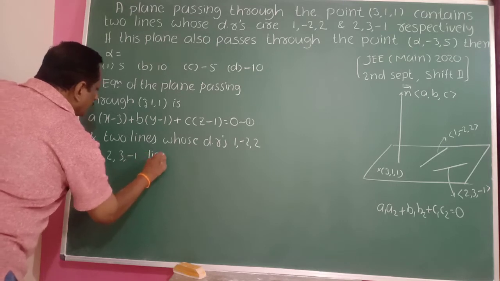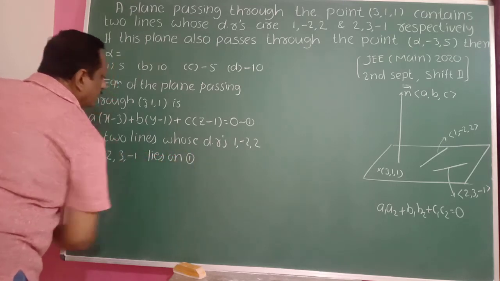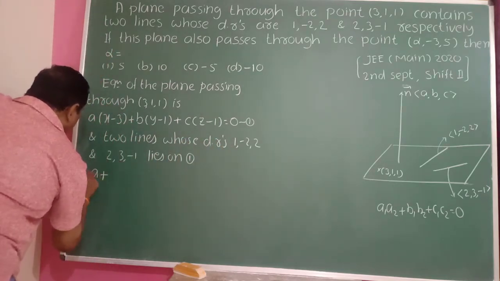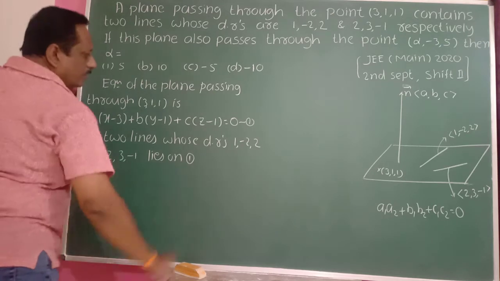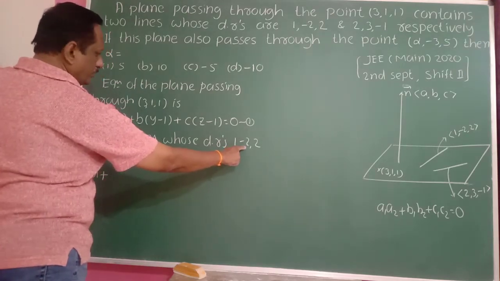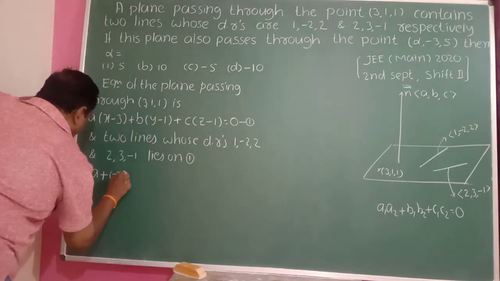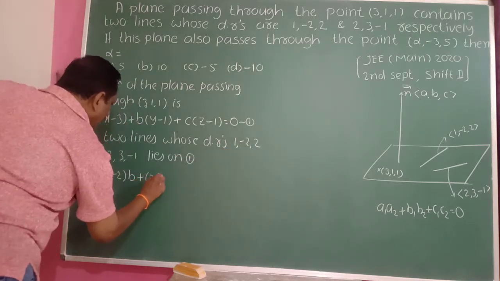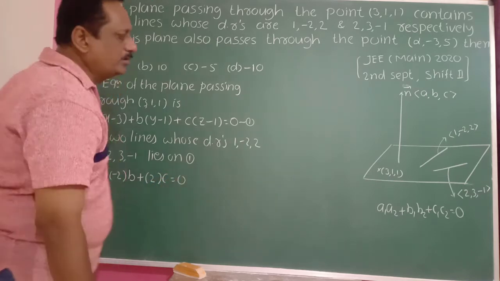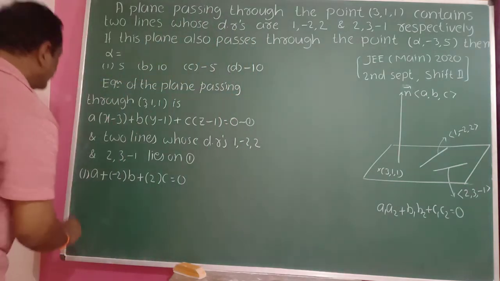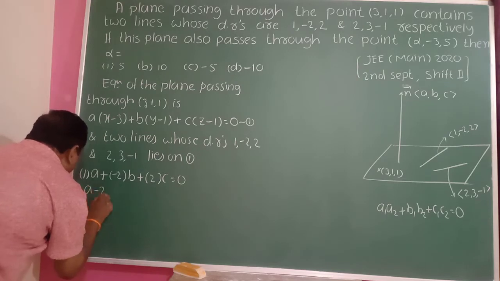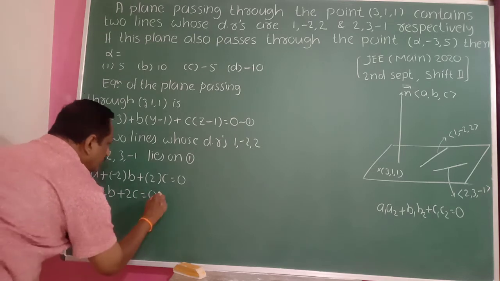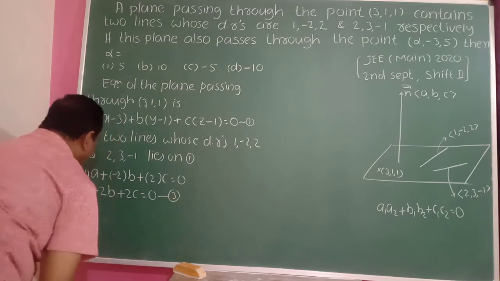Hence 1 into A becomes A, then minus 2 into B, plus 2 into C is equal to 0. We are using this condition here. A minus 2B plus 2C is equal to 0. Take this one as equation number 2.